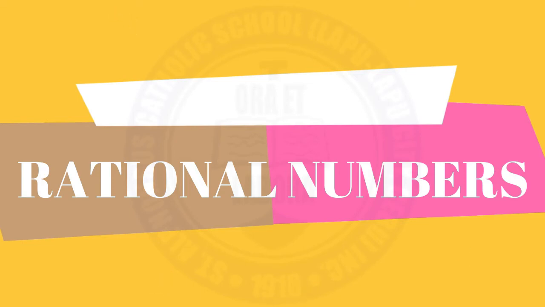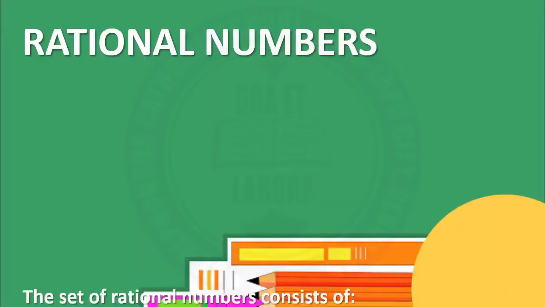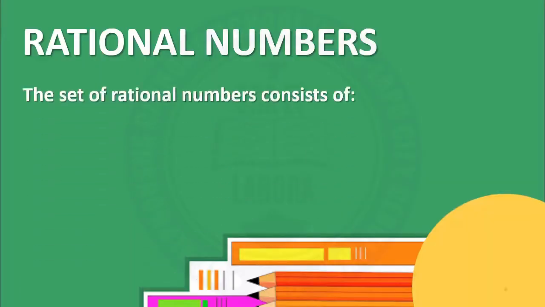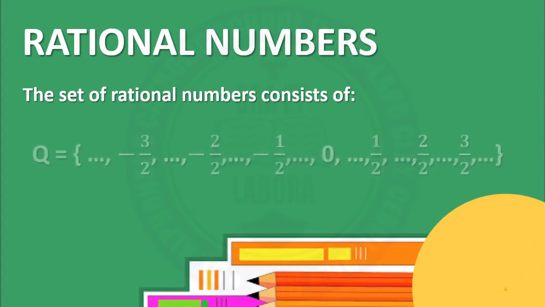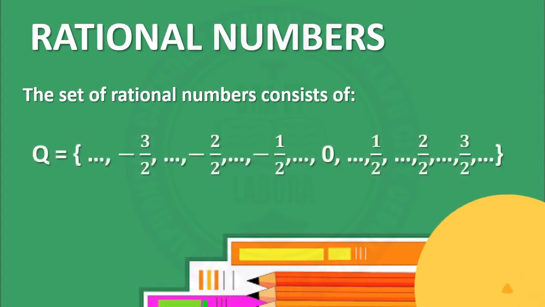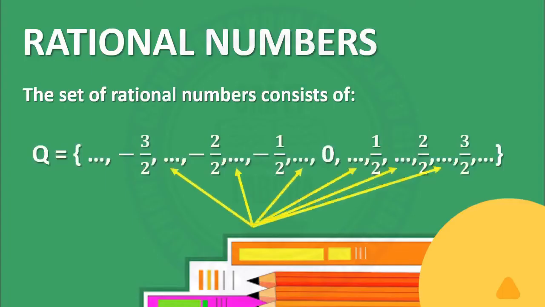Let's begin. The set of rational numbers consists of these following numbers. Set Q, which has elements -3/2, -2/2, -1/2, 0, 1/2, 2/2, and 3/2.